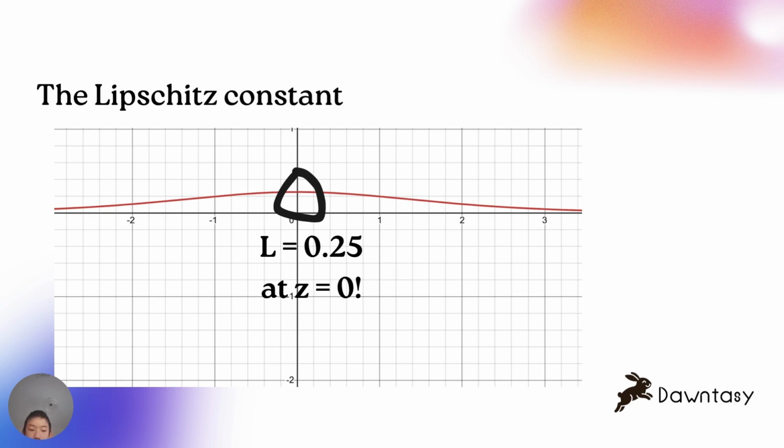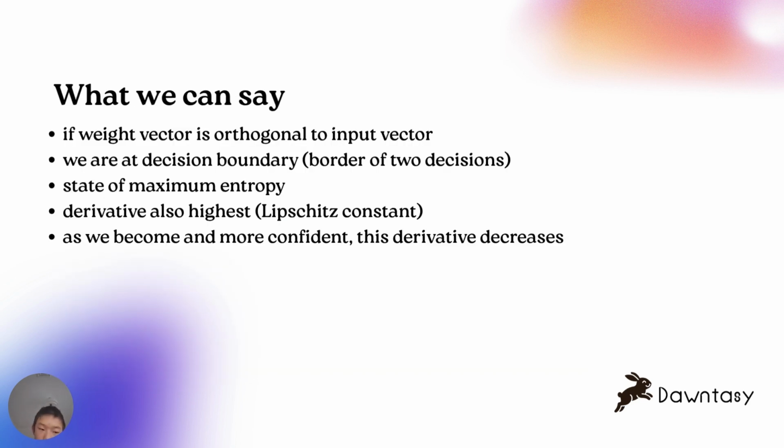And in this moment, we can see that as it goes more and more to the left and more to the right, because we're becoming more and more confident about our decisions, we have a smaller and smaller derivative. So what can we say about this? If the weight vector is orthogonal to the input vector, then we are at a decision boundary, which is like the border of two decisions. It's also the state of maximum entropy or uncertainty.